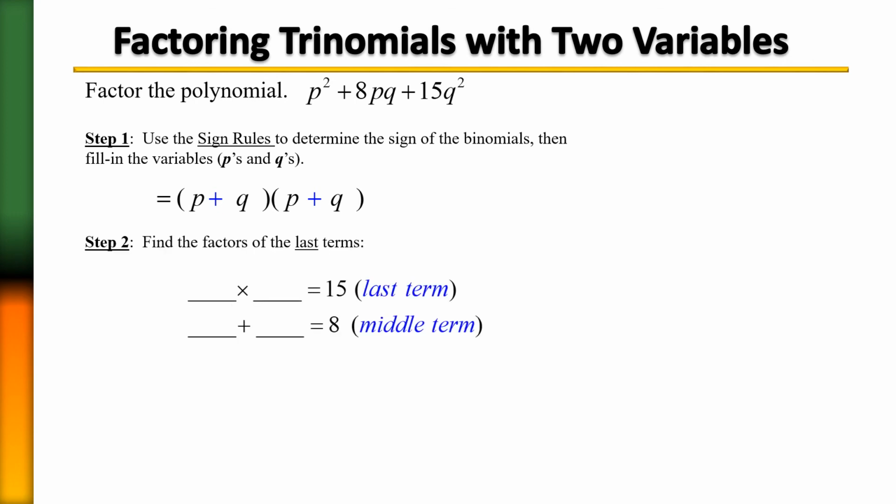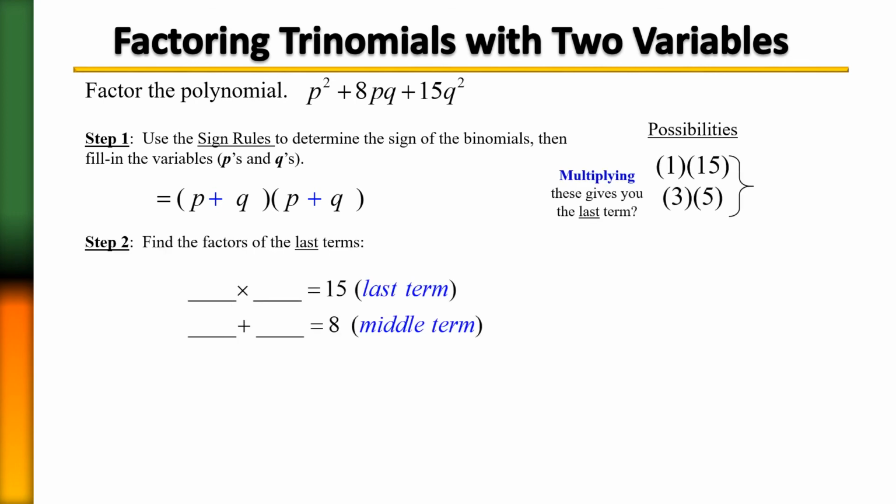So we're going to go ahead and write our possibilities. Here are all the ways in which you can get 15. Now only one of those is going to work. I want to know which pair of numbers, when I multiply them, equal positive 15. Those same two numbers, if I were to add them together, will equal 8. Do you know which pair it is?